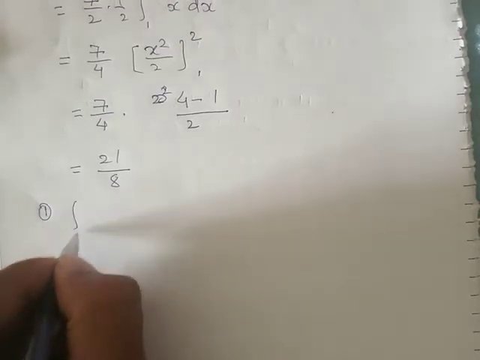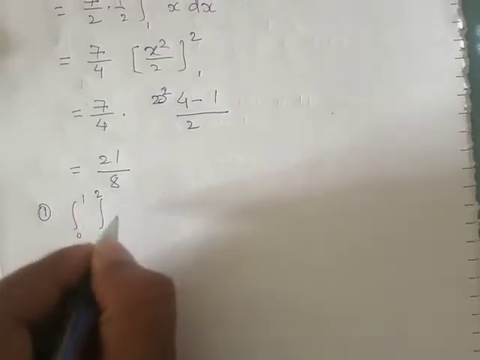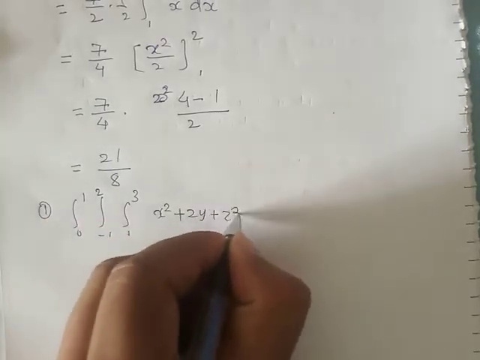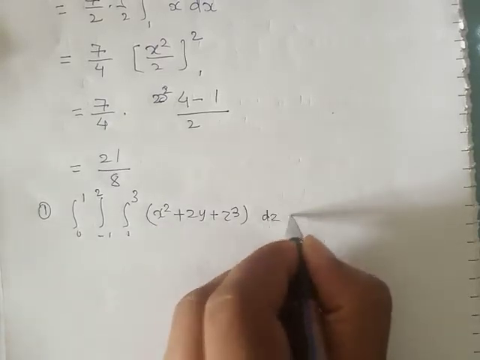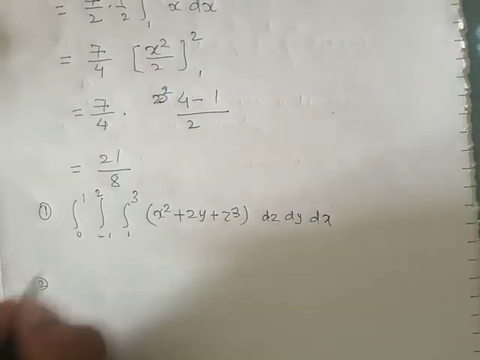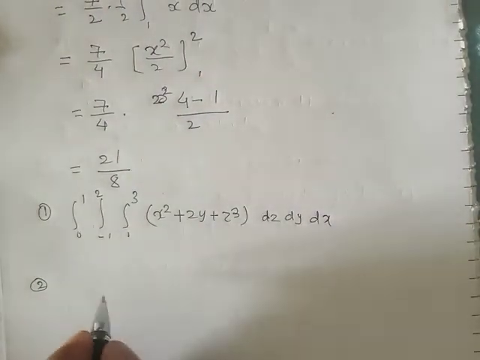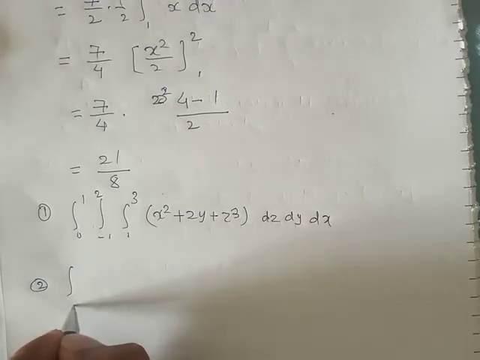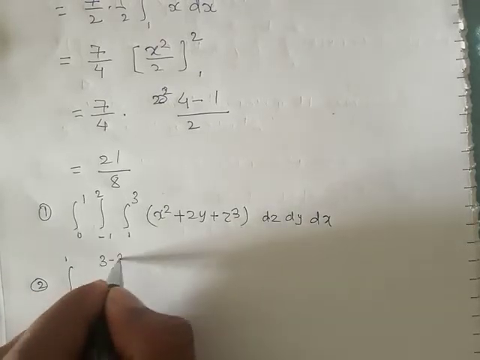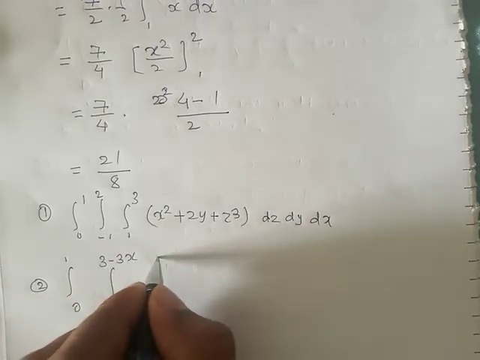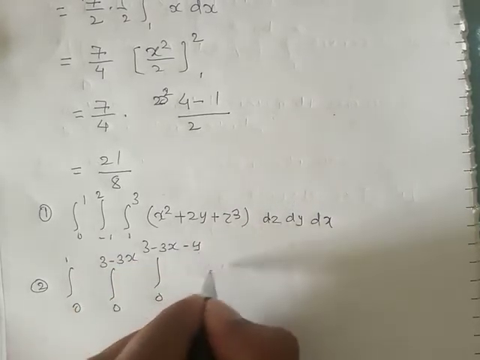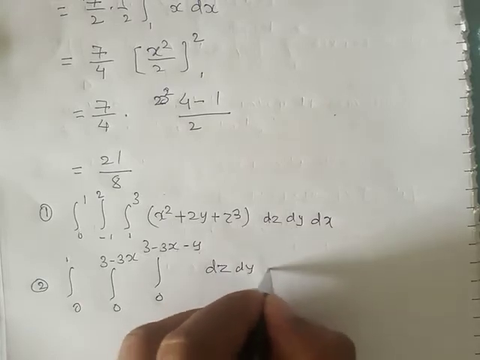First example: integration 0 to 1, integration -1 to 2, integration 1 to 3, x square plus 2y plus z cube dz dy dx. Second one: integration 0 to 1, integration 0 to 3 minus 3x, integration 0 to 3 minus 3x minus y, dz dy dx.